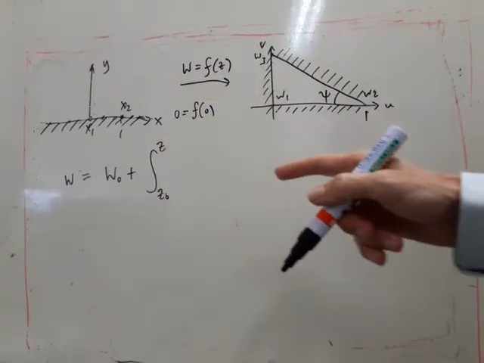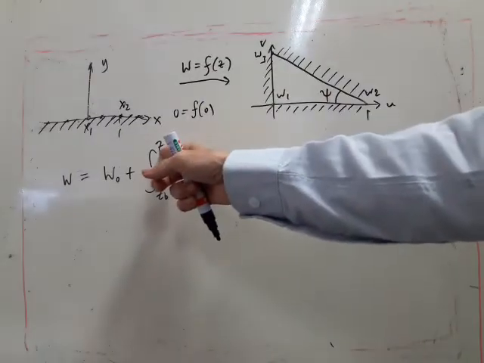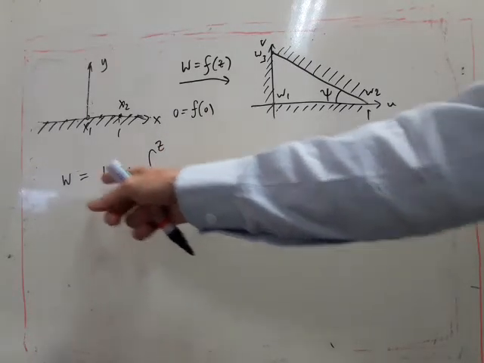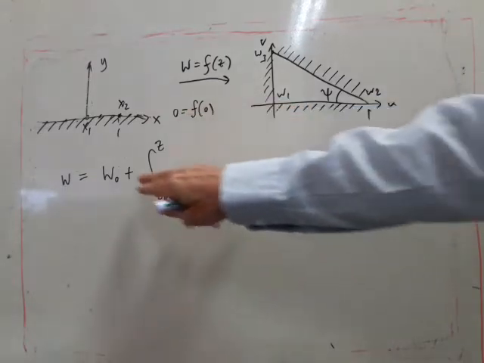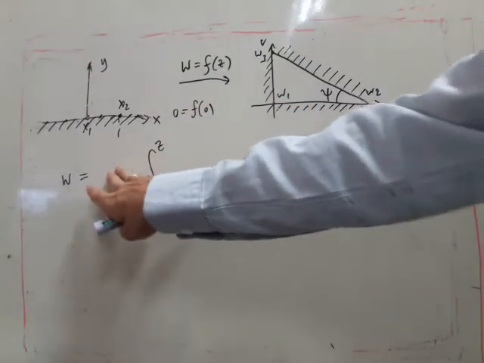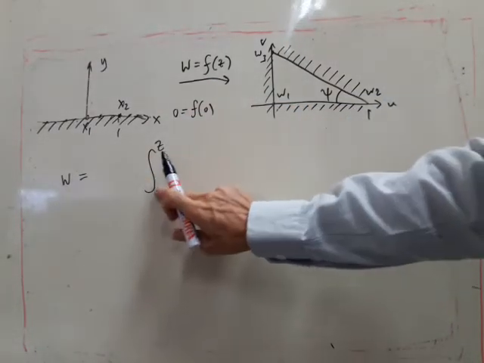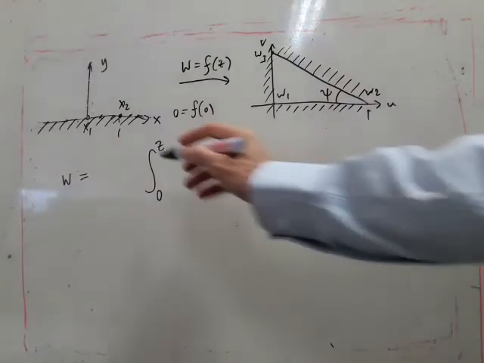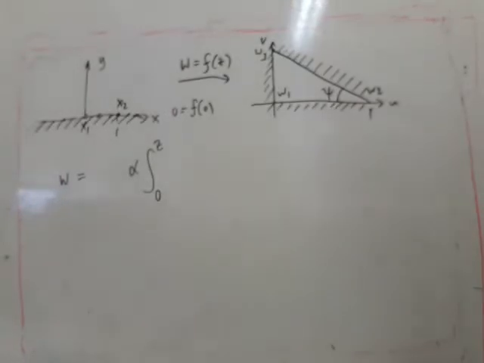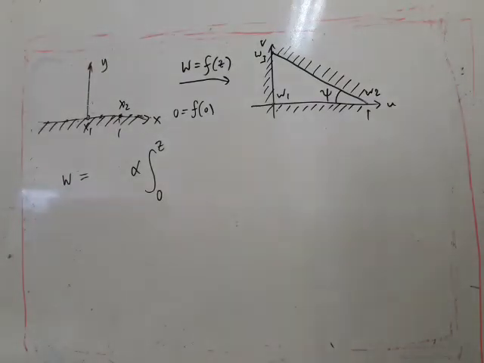So for this to happen, if z is 0, and z0 is 0, and w0 is 0, then this will work. So we can make w0 equal to 0, and we can make z0 equal to 0, and this simplifies things a little bit. I forgot to put the alpha here. So we've got that so far.